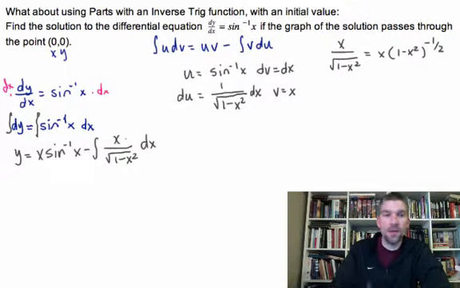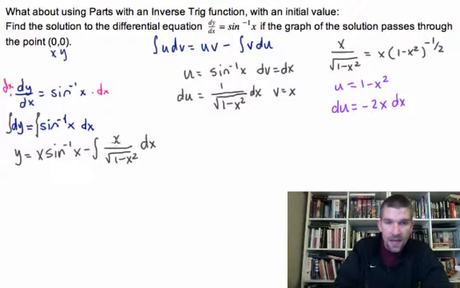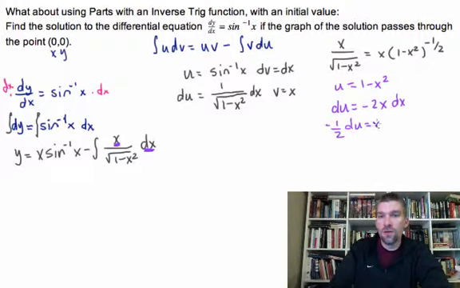So if I let u equal 1 minus x squared, du is going to be negative 2x dx. And what I need, I've got x dx. So I'm just going to move this 2 over and have negative 1/2 du equals x dx.